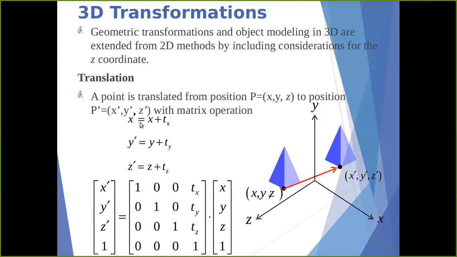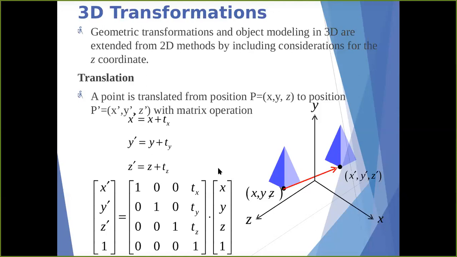An operation in which you are changing the position, where one object is shifted coordinate-wise, means the position is changed. So this is translation, but the only difference is 2D, and in 3D is the third dimension, that is the z direction. Z axis is included.